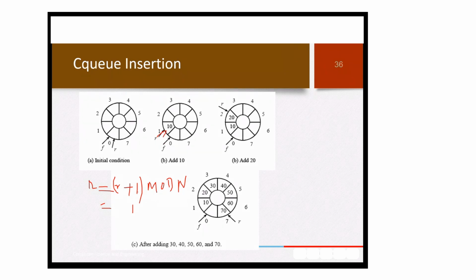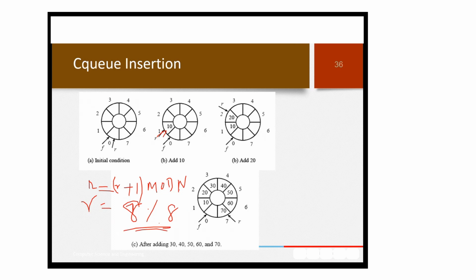See, this will change only when it wraps around, right? Supposing assume that R comes to 7. So 7 plus 1 is 8. And 8 mod 8 is actually 0. So you are able to make R back to 0 by using this formula.